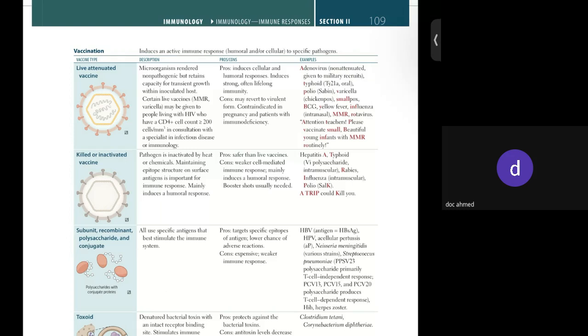I have a question about interferon. Can you please summarize in 2 lines? Okay. So for interferons, we have interferon gamma, alpha and beta, right?